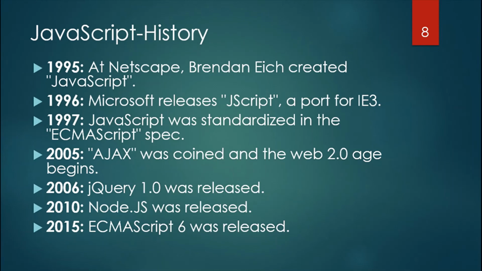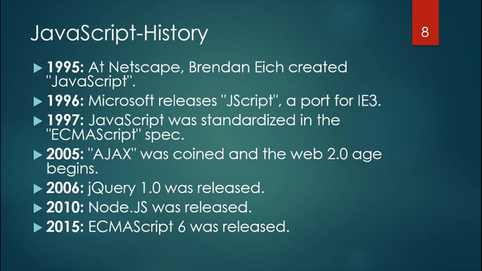Okay, so now this is something called the JavaScript history. JavaScript was first created by Brendan Eich at Netscape, and then Microsoft released its own version as JScript, a port in IE3, and similarly it was standardized as ECMAScript and then came Ajax, jQuery.